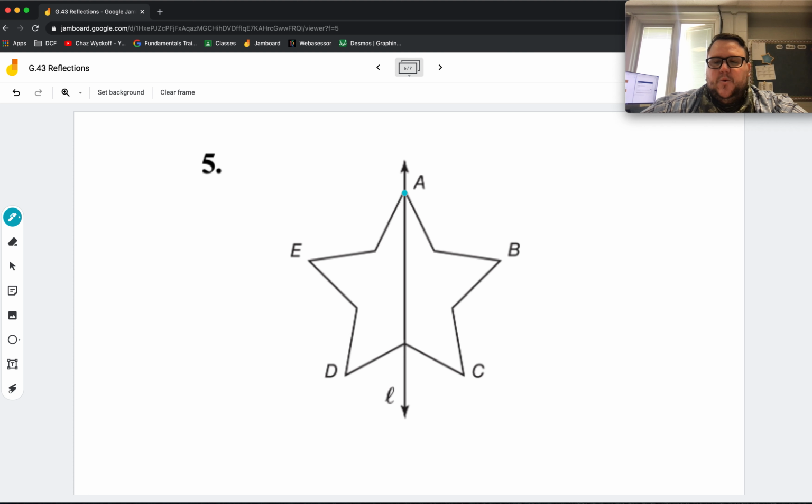Now if you look at this one, this is interesting. A is right here, so A prime is right on the line. But B is here. My perpendicular distance actually becomes point E. So E is also B prime. C, my perpendicular distance is actually right here, so D is also C prime. D goes over here, so C is also D prime.